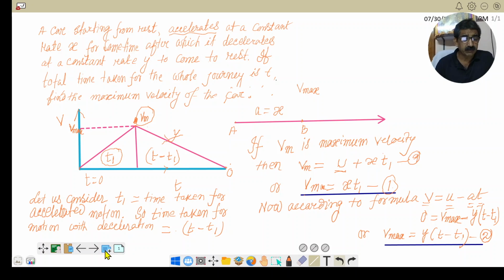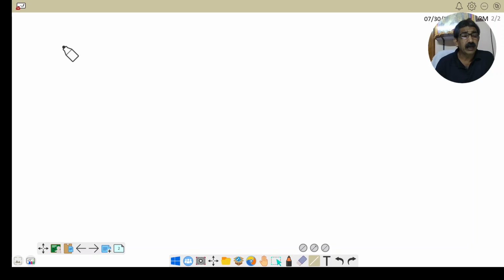So we are taking another page. We have Vmax is equal to x into T1, and again Vmax is equal to y into T minus T1. Two equations are written again here.